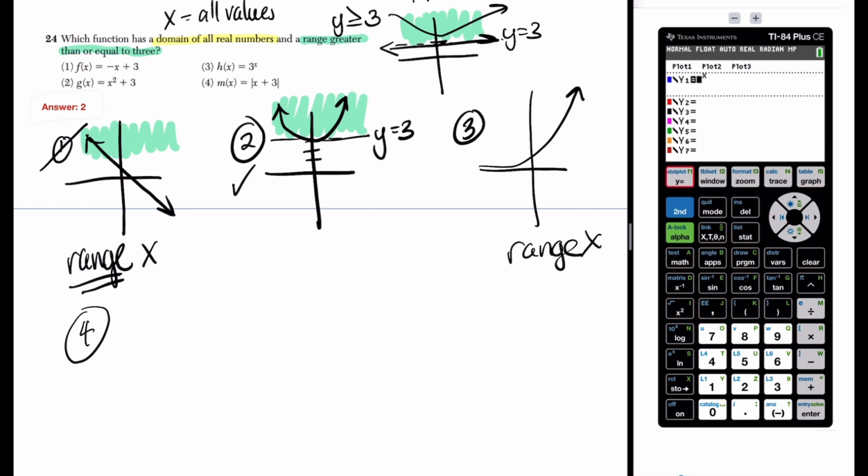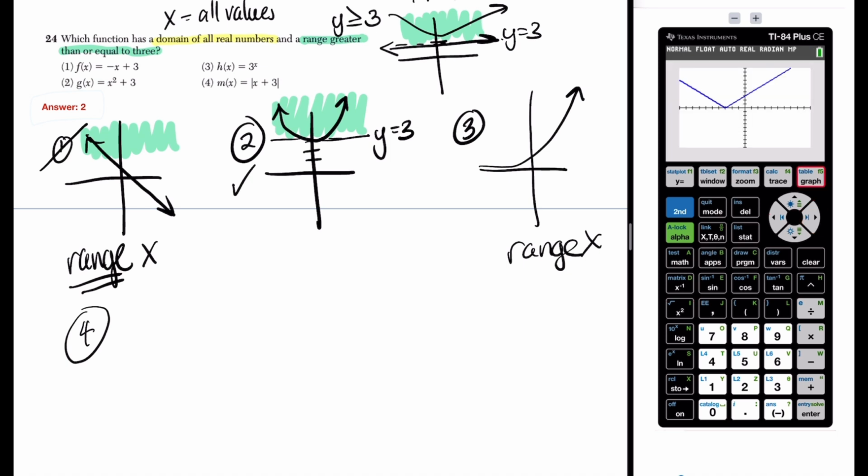So let's go back to y equals, and let's look at number 4, and we have an absolute value. I had to remember how to find my absolute value. So I had to go to math, and I think yep, there it is. I moved over to numbers and I see it now, so you can hit enter. And now I can put the x plus 3 in there.